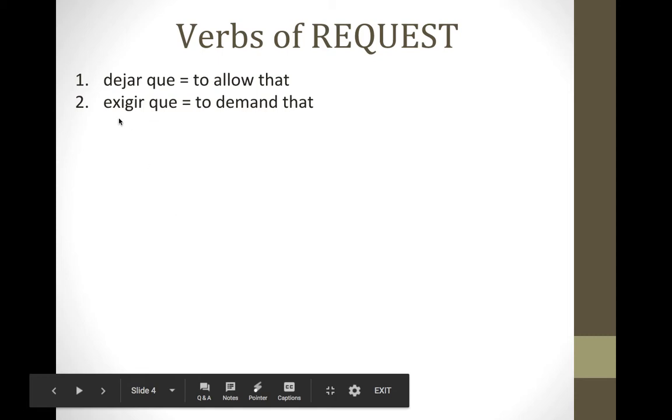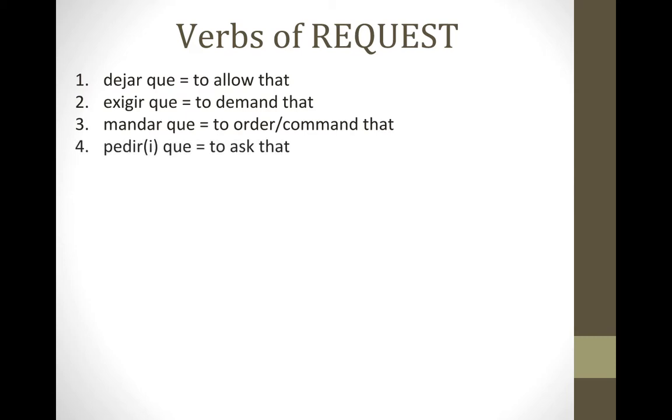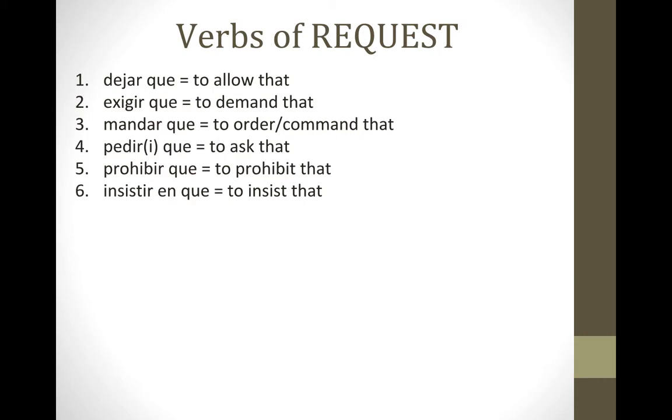You'll notice exigir has a present tense irregular yo form because it ends in gir. That yo form is exijo with a jota. Third verb, mandar que, to order or command that. Pedir que, to ask that. It is a stem changer, e to i. Prohibir que, to prohibit that. And insistir en que, to insist that.